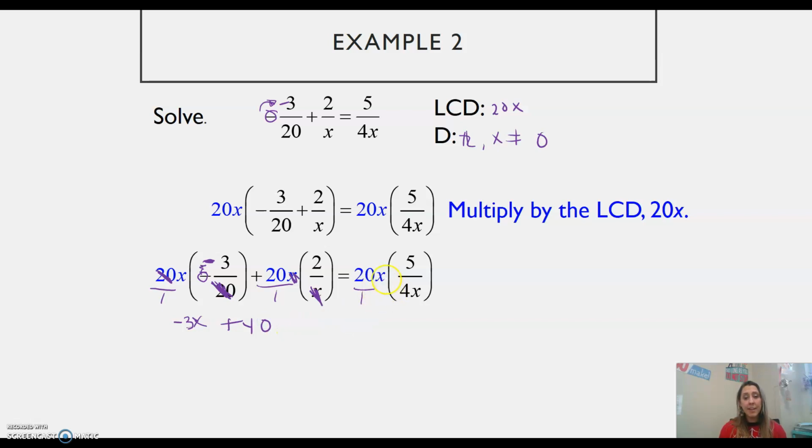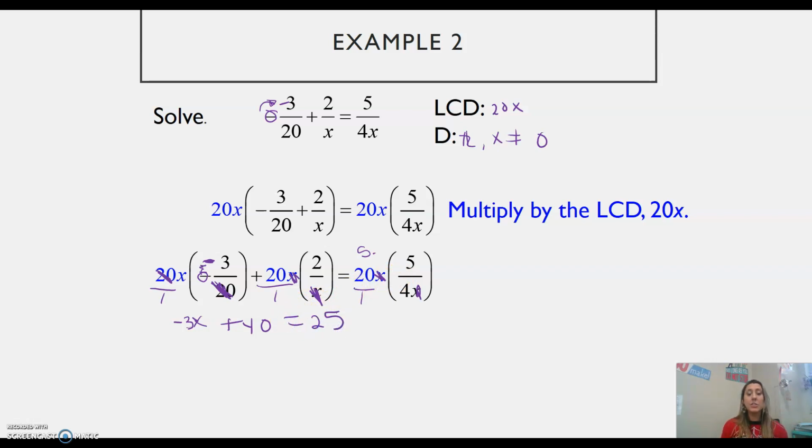Then this one's a little bit weird because I have this x, but I also have a 20 over 4, or I could do 20 times 5, which is 100, divided by 4. 20 times 5 divided by 4 is 25. Or I could say 20 divided by 4 is 5, and 5 times 5 is 25. Either way, it doesn't matter. You end up with 25.